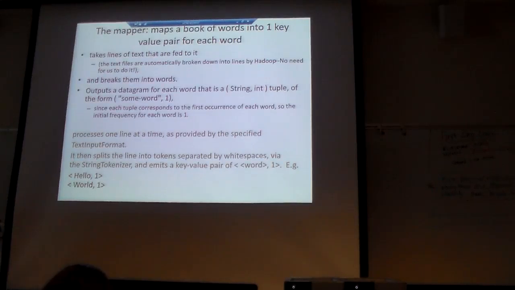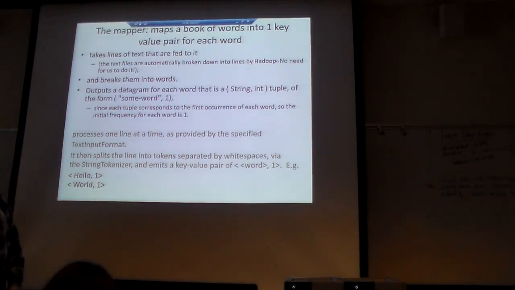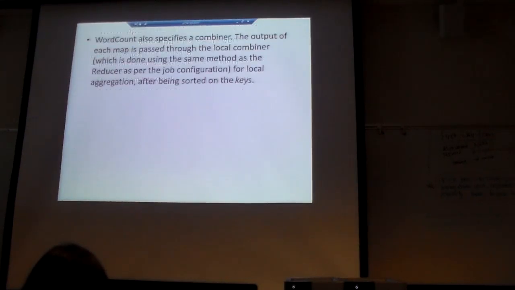It processes one line at a time as specified by text, and then splits the line into tokens separated by white spaces, and we wind up with a bunch of those. So what about hyphenated words? Does it still work? Yeah, I imagine it treats it as a word because it's using white space as the break.